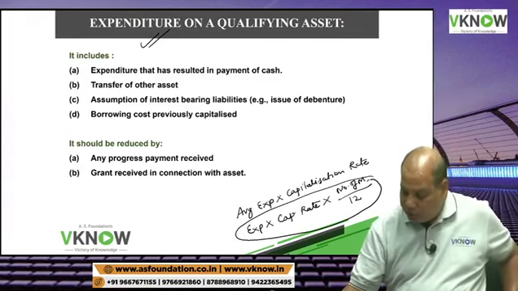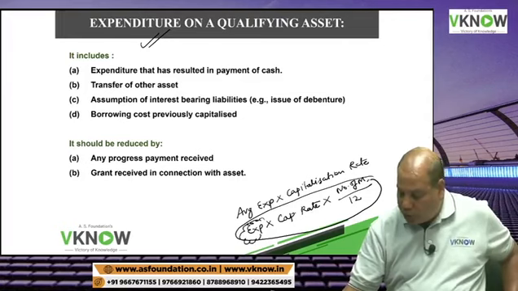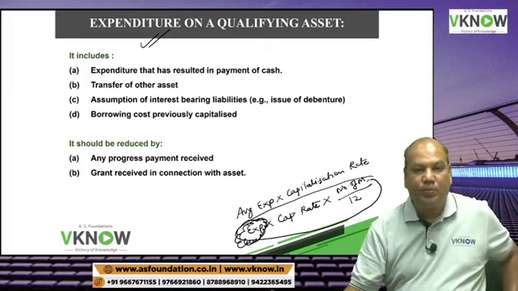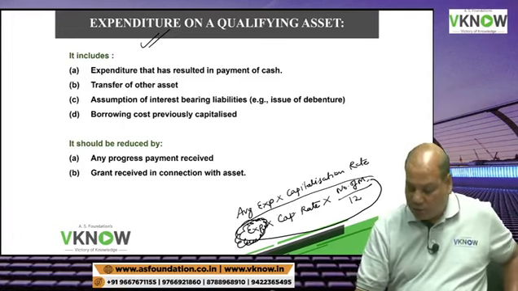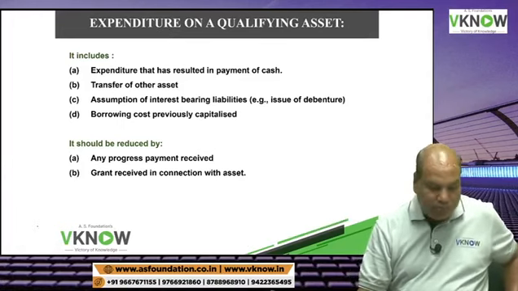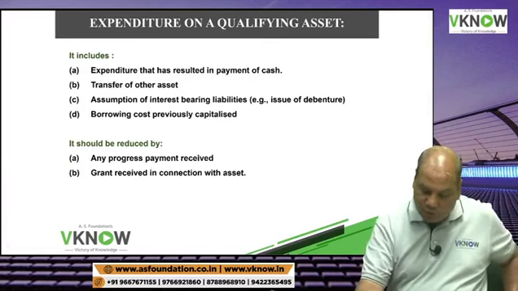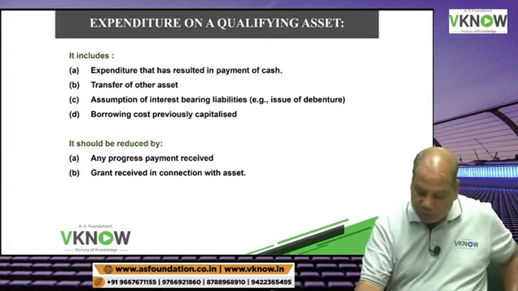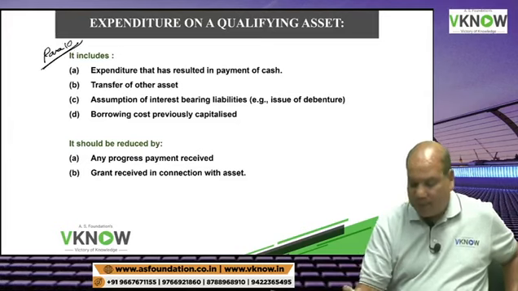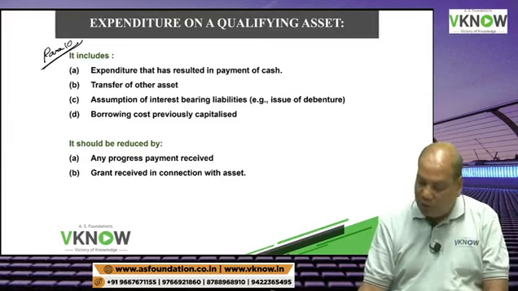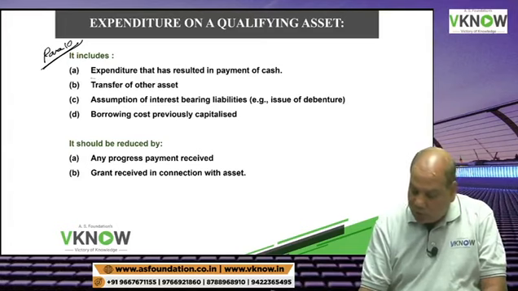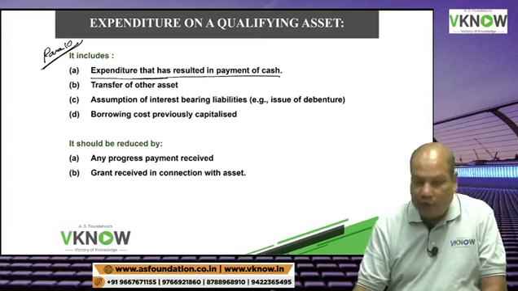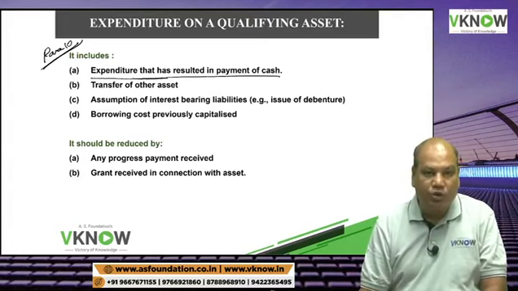Then the question is, what will be included in expenditure? What comprises expenditure on a qualifying asset? So the standard says, paragraph number 10 in your book, tick mark. Expenditure on a qualifying asset will include those expenditures that have resulted in payment of cash.